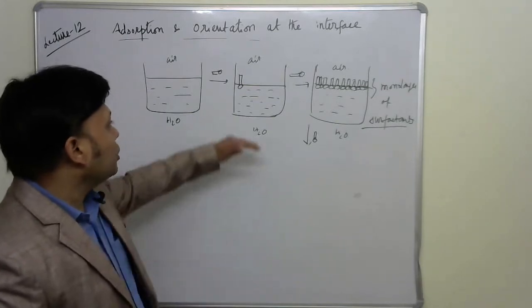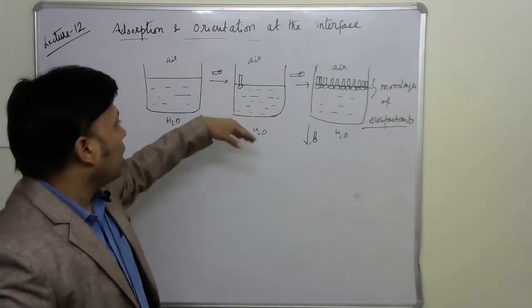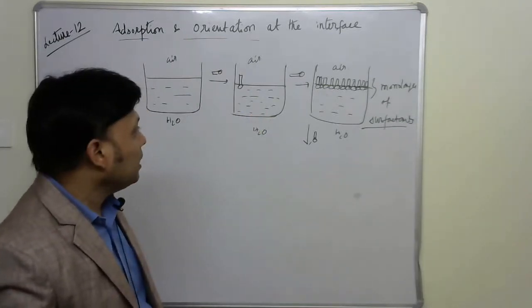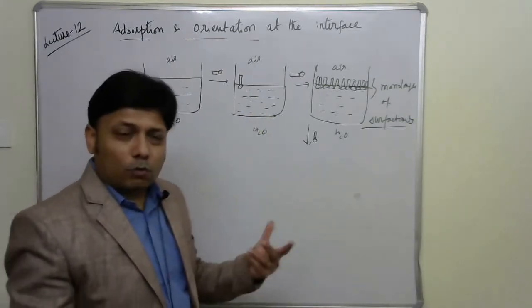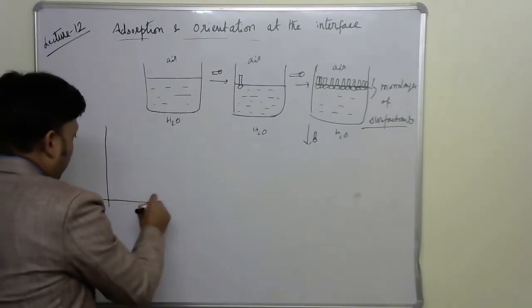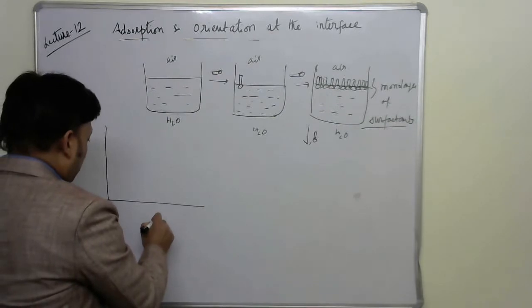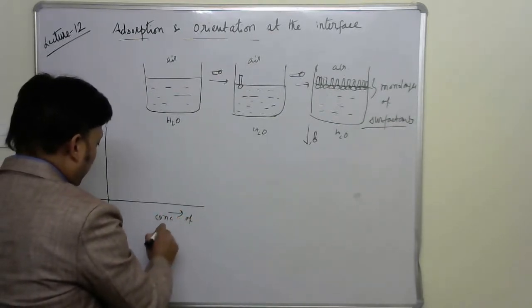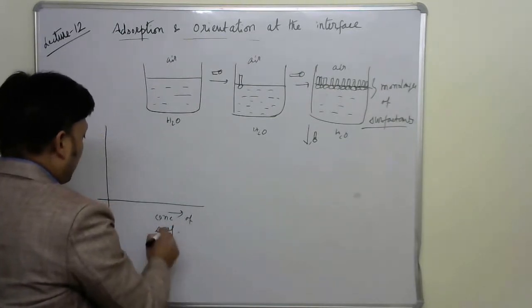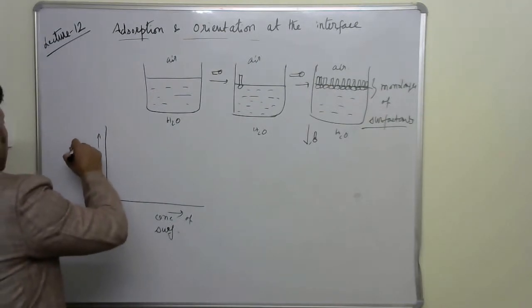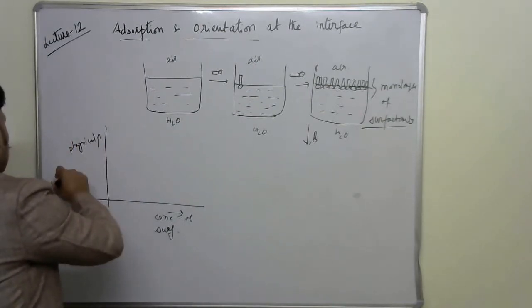Therefore we can measure the conductivity or any other electrical properties of the solution. If we do so, what will happen? We try to make a graph plot over here. On the x-axis we plot the concentration of the surfactant molecules, and on the y-axis we write some physical parameters.